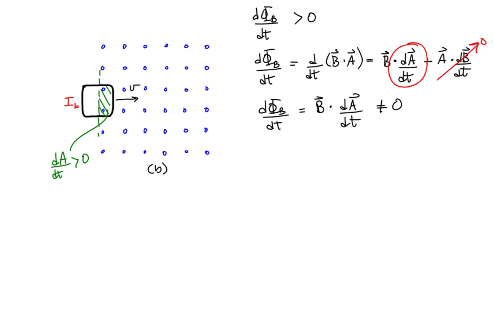That current will create its own magnetic field to oppose the change. We need to know the direction of this induced magnetic field in order to determine the direction of the induced current in the loop. So how do we figure out the direction of this induced magnetic field?